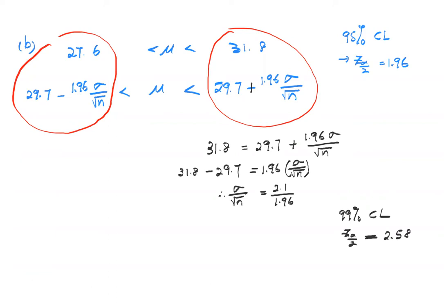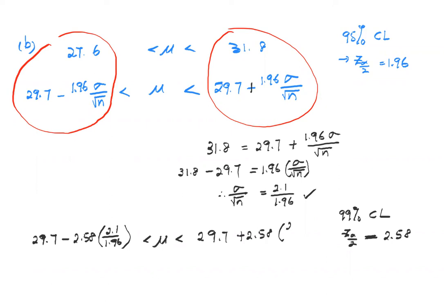Okay, now I substitute into this formula: 29.7 minus 2.58 times 2.1 divided by 1.96, and 29.7 plus 2.58 times 2.1 divided by 1.96.